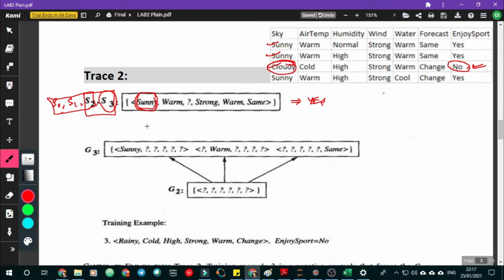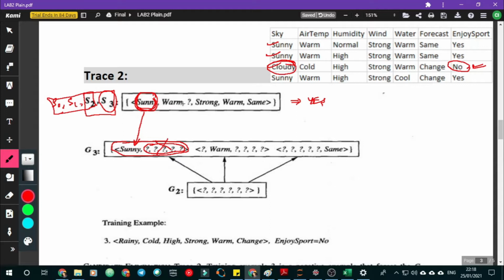That means I can generally say that when there is sun, then there is a positive, irrespective of the other five attribute values. That means when both are different, I need to make this value over here, keeping other attribute values question mark. Is that clear?